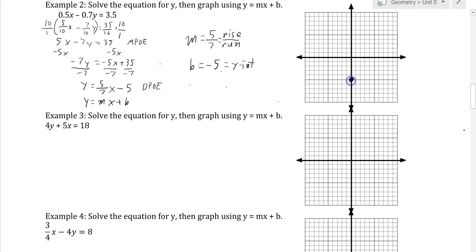So -5 is where we start. Then we use our directions, rise 1, 2, 3, 4, 5, run 1, 2, 3, 4, 5, 6, 7. There's our second. But now notice, if we try to rise 1, 2, 3, 4, 5, and run 1, 2, 3, no, we're off the graph.